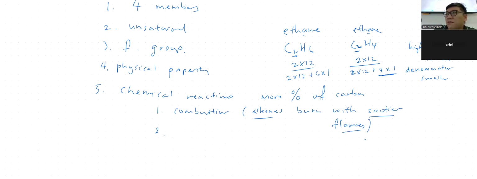Because remember, soot comes from carbon. The more carbon you have, the more soot produced. The soot can also be from incomplete combustion, right? Yes, correct.